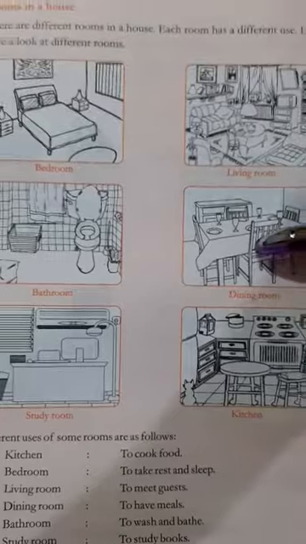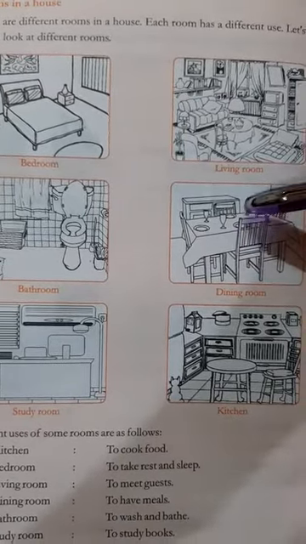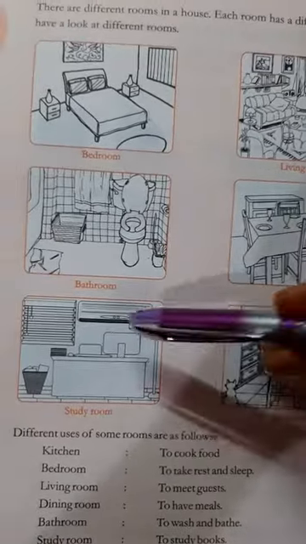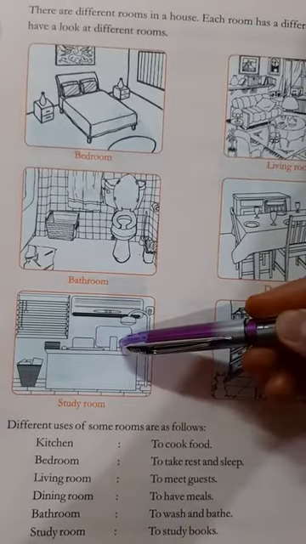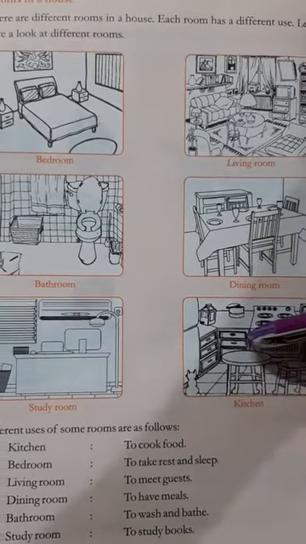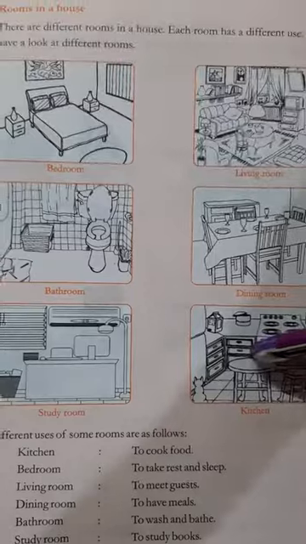Dining room, to have meals, where all your family members get together and eat together. A study room, to study books. A kitchen, to cook food, where your mother cooks delicious food for you.